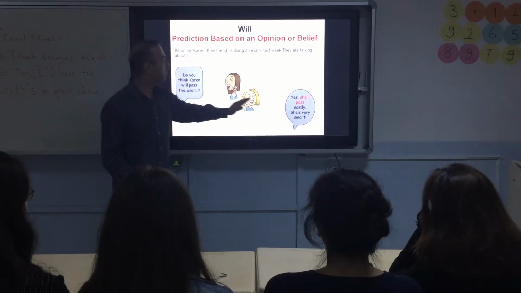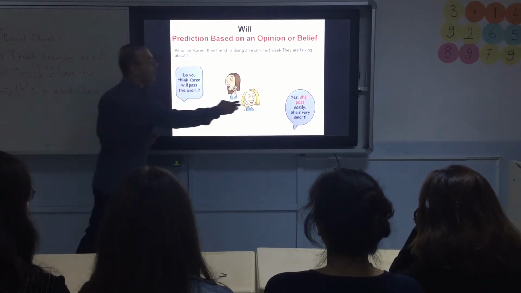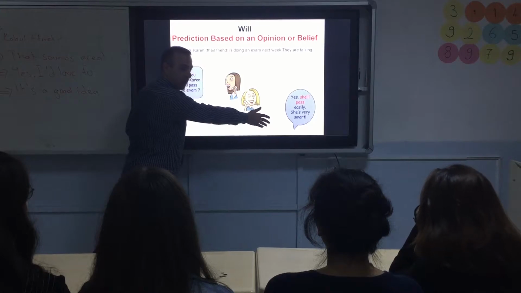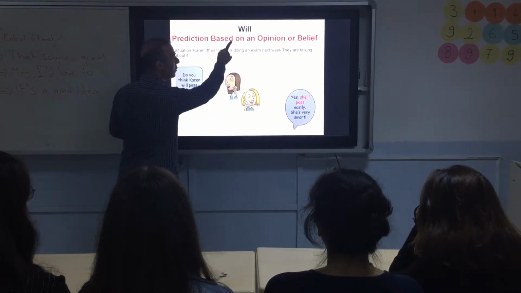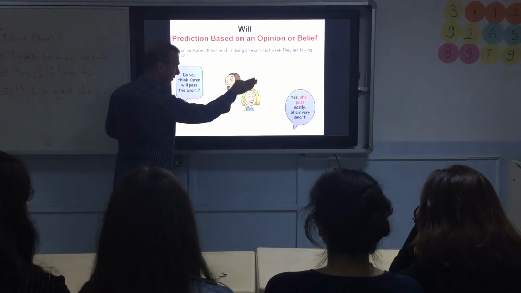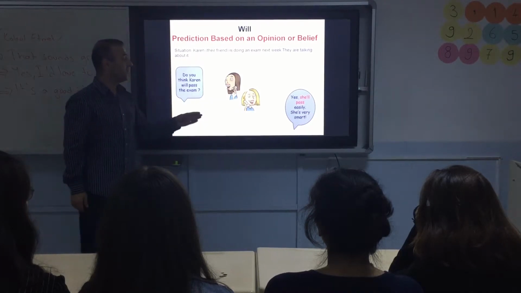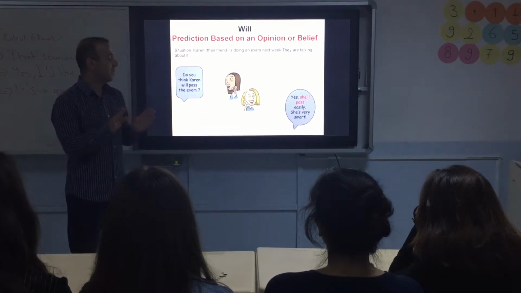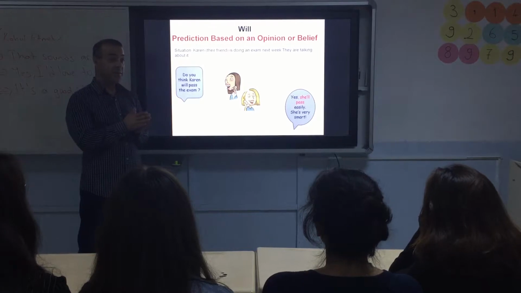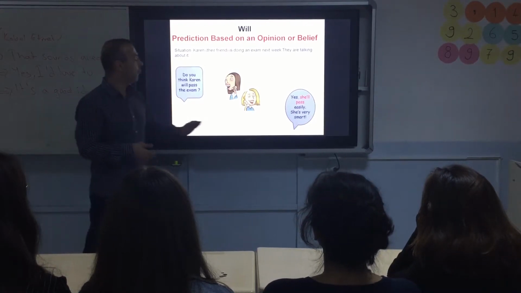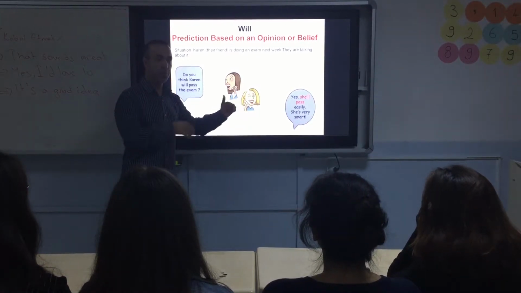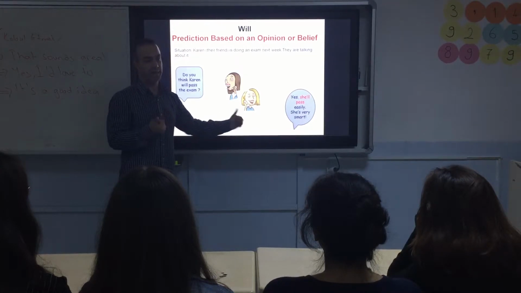She's very smart. This is her opinion. So she used will structure. She will pass easily. She is very smart. There isn't any evidence. There isn't any clear sign. But according to her opinion, her belief, she will pass the exam. Okay?